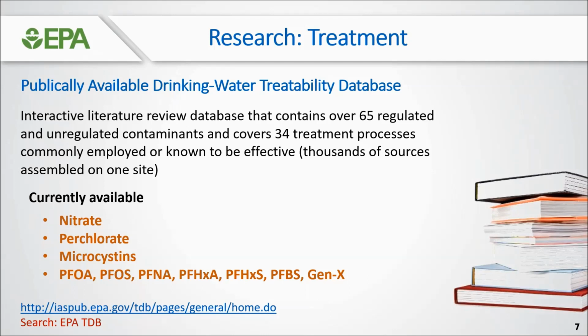It contains data that's in the literature for treatment for over 65 compounds, and includes nitrate, perchlorate, microcystins, and a class of different PFAS. And the link is shown there on the bottom left, if you're interested.